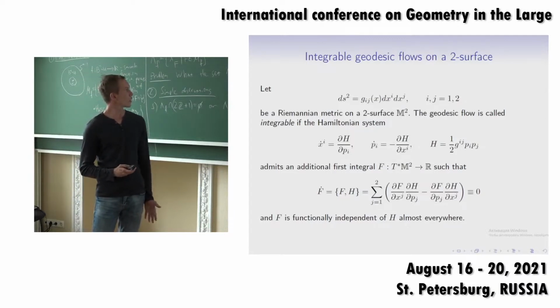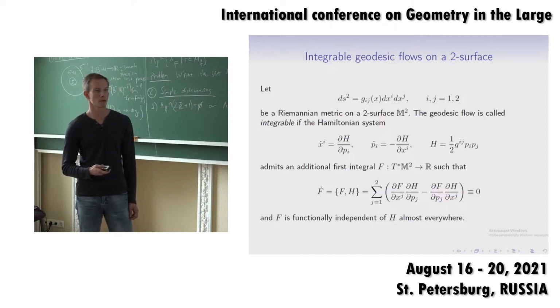At this moment, we arrive at one of the classical problems of differential geometry. Given a two-dimensional surface, we want to describe all the possible metrics on it with integrable geodesic flows. In this case, the problem reduces to searching for just one more function f, which is conserved.